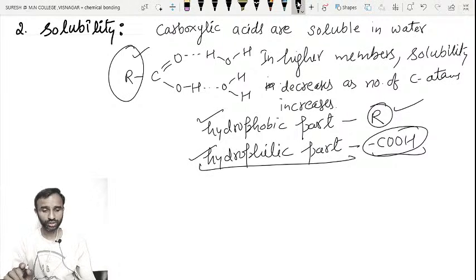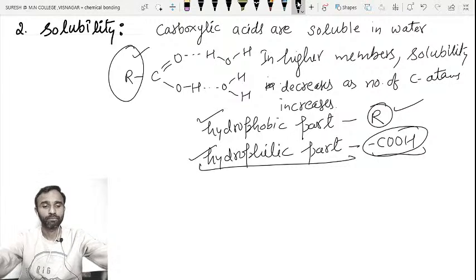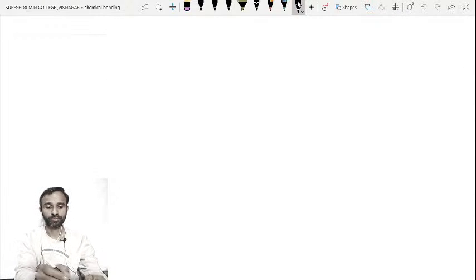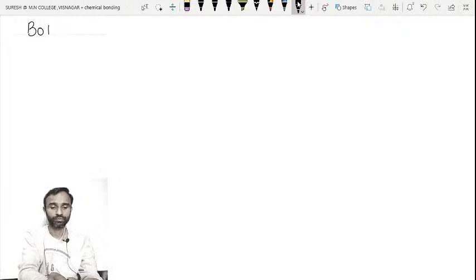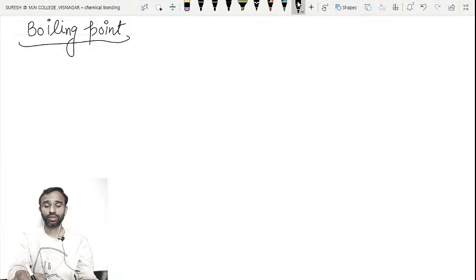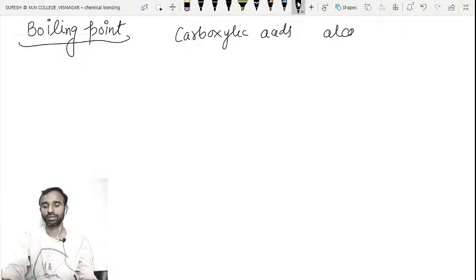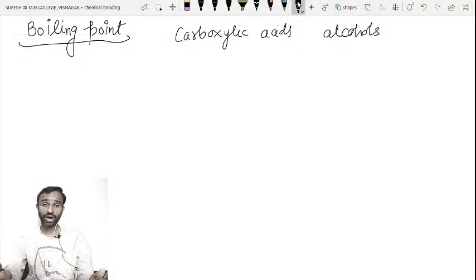Now next is boiling point. First thing, if we compare carboxylic acids with alcohols, alcohols have higher boiling point than aldehydes and ketones.